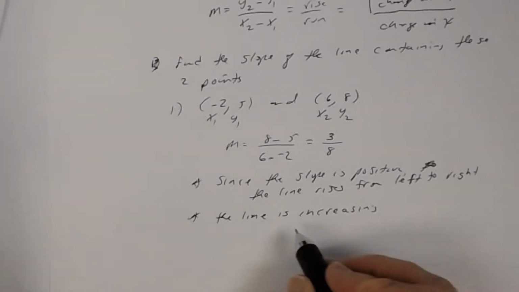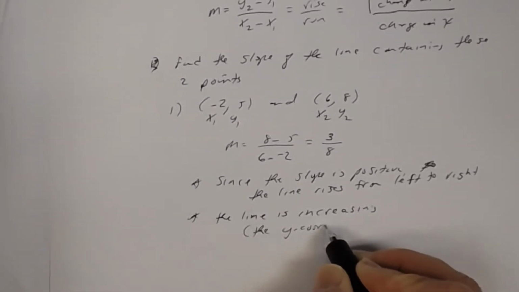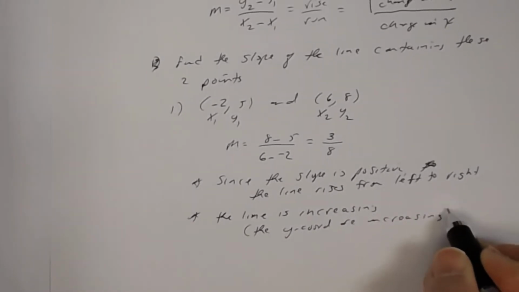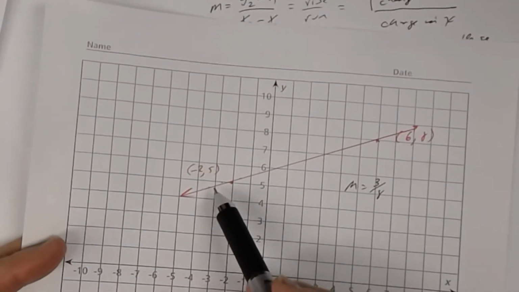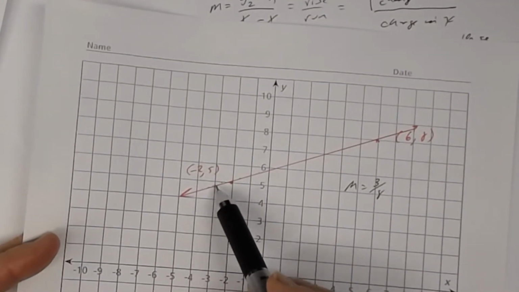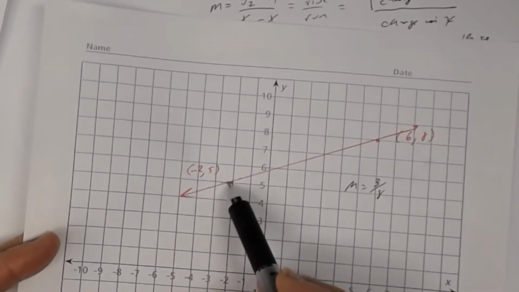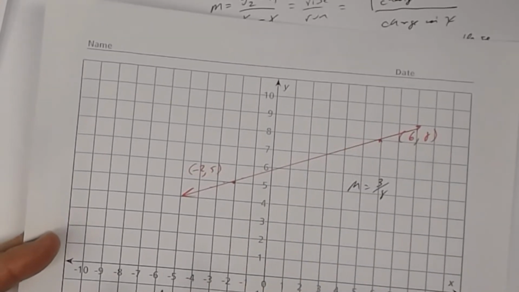So basically this means this. The y coordinates are increasing. That's basically what that means, okay? The y coordinates are increasing in value. So the y coordinate at this point, the y coordinate at this point, the y coordinate at this point, see they're getting larger and larger and larger, those y coordinates.